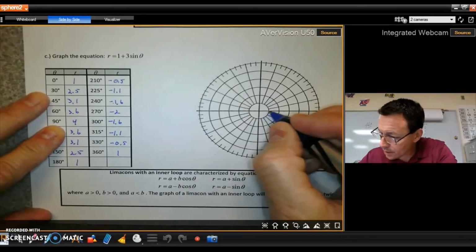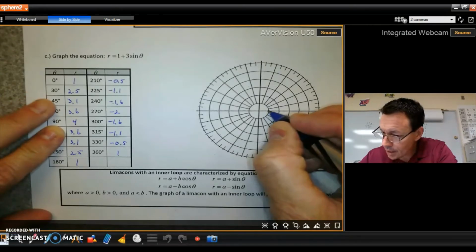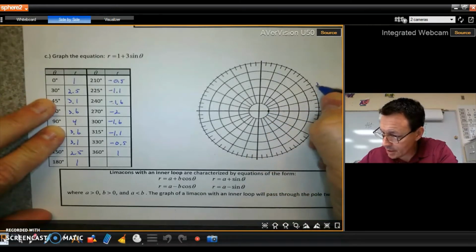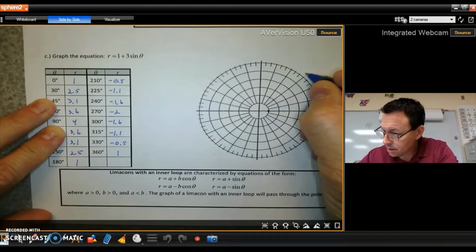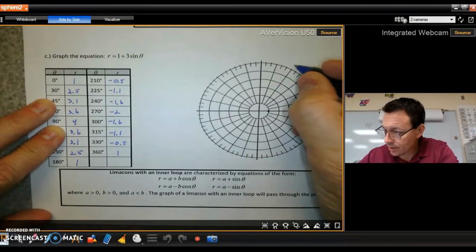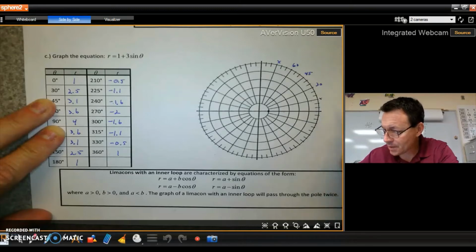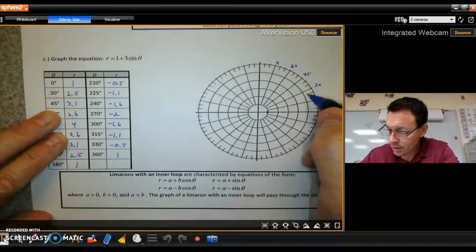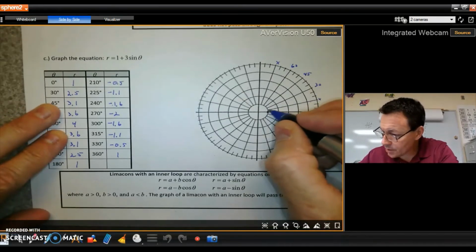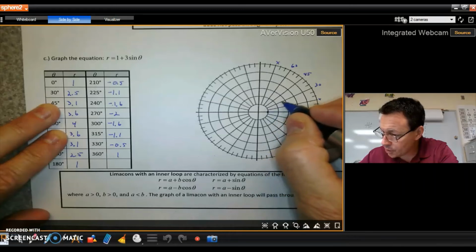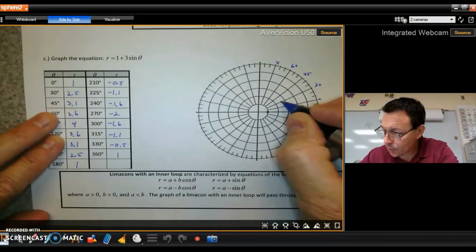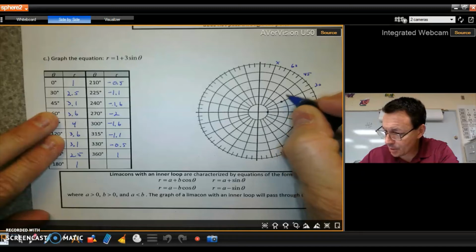So 0, 1, 30, so remember that's this line. The last graph I did, you could see that even I have trouble sometimes skipping these. It's kind of hard to do. All right, so 2.5. So here's 1, 2, 2.5. And then at 45, which is the next line, I should be up at 3.1.